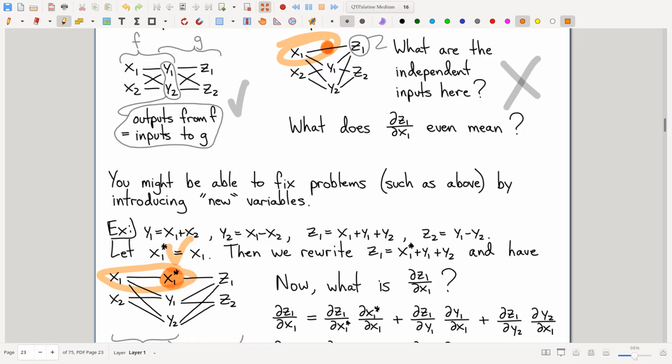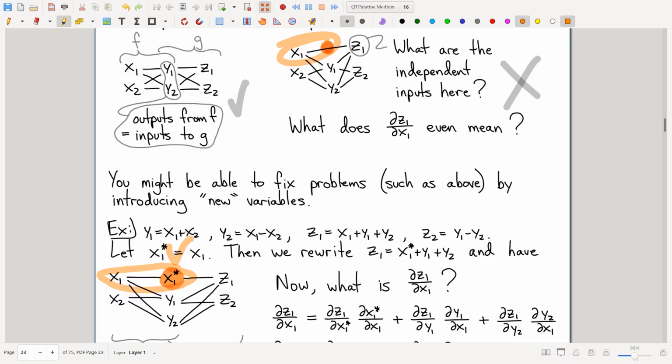I can't call it x1 because I need it to be a different variable, so I've got to give it a different name. So I'm going to call it x1 star. Call it something. But its whole purpose is to be technically a different variable so that I don't have chain rule problems, but in terms of its values, to just be x1.